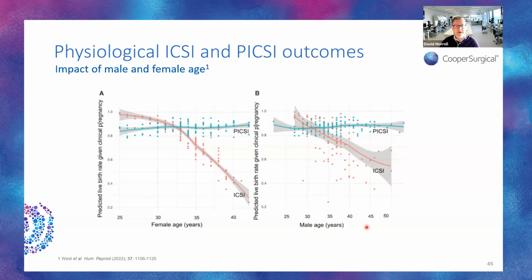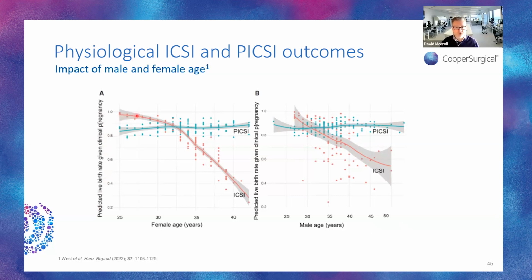And then what they're doing is looking at the impact of age on patients who become pregnant. So bear in mind, this is the predicted live birth rate once a woman becomes pregnant.